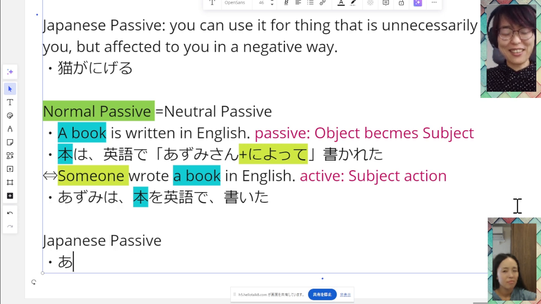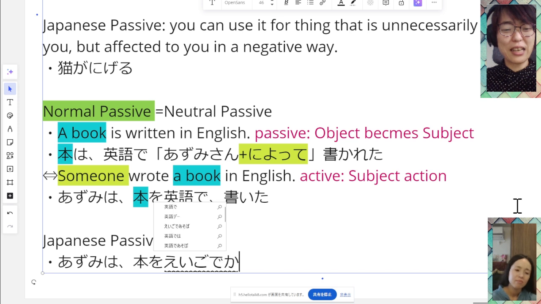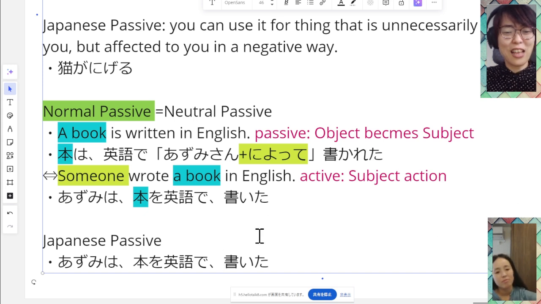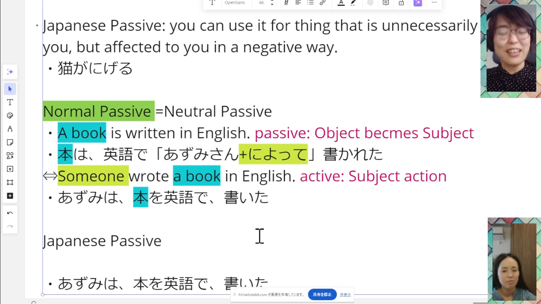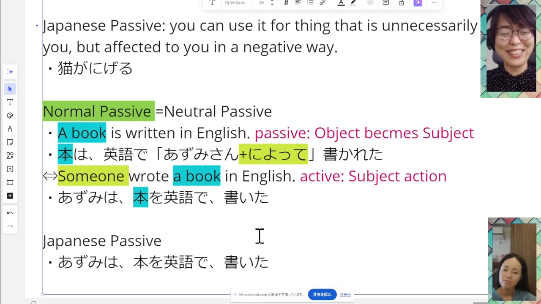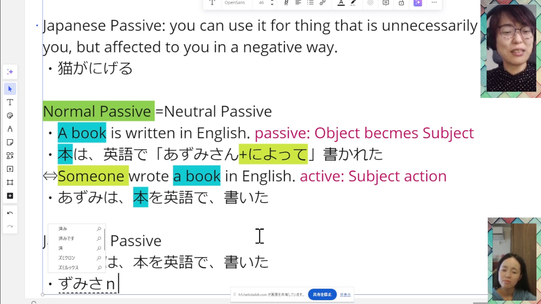Okay, so あずみは本を英語で書いた。You appeared in that sentence really out of nowhere, out of the blue. You came into this sentence and you resent this fact. Azumi wrote a book in English. So this is where Japanese passive comes in. Okay, what's the Japanese passive sentence? Azumi-san.